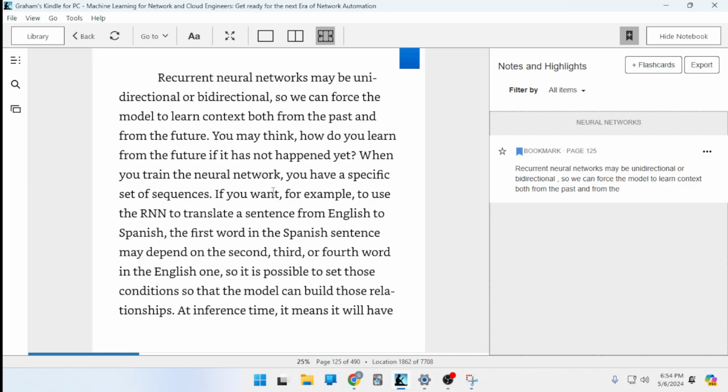If you want, for example, to use the recurrent neural network, the RNN, to translate a sentence from English to Spanish, the first word in the Spanish sentence may depend on the second, third, or fourth word in the English one. So it is possible to set those conditions so that the model can build those relationships.